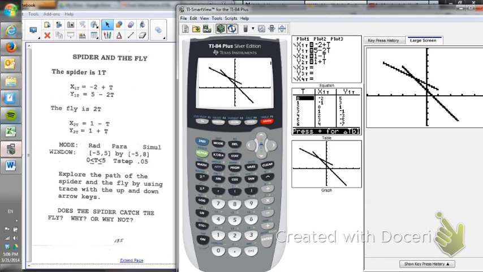And if we still can't tell by slowing it down, let's trace on these lines and see. On this bottom line here that's going negative, that's going to be my spider line. Whoops, I'm on the wrong graph. Okay.